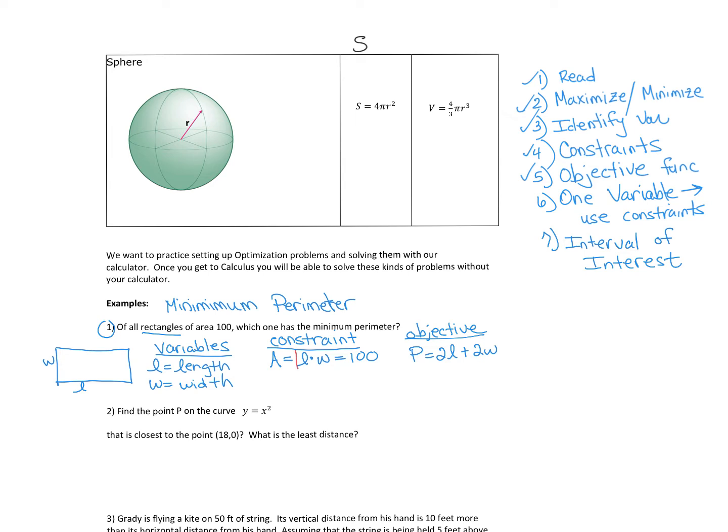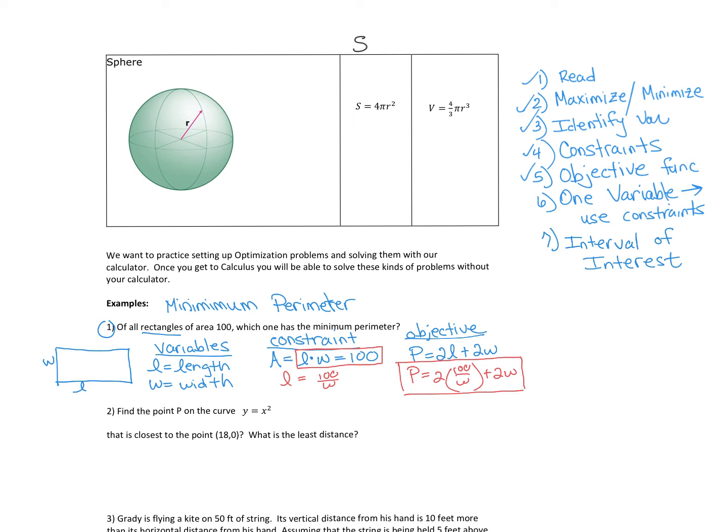So I'm going to use this constraint here and say length is 100 divided by W. And I will put that into my L, 2 times 100 divided by W plus 2W. So here's my objective function in one variable. That's how we set it up.